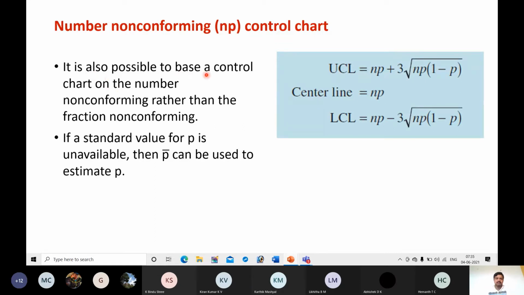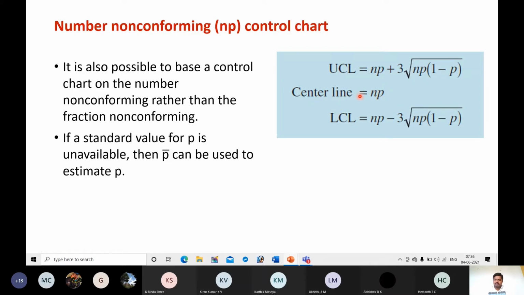It is also possible to base a control chart on the number non-conforming rather than the fraction non-conforming. For that, these are the equations. The center line is given by NP, where n is the sample size and p is the fraction non-conforming. From the equation for fraction non-conforming, p is equal to D by n, where D is the number of non-conforming units.